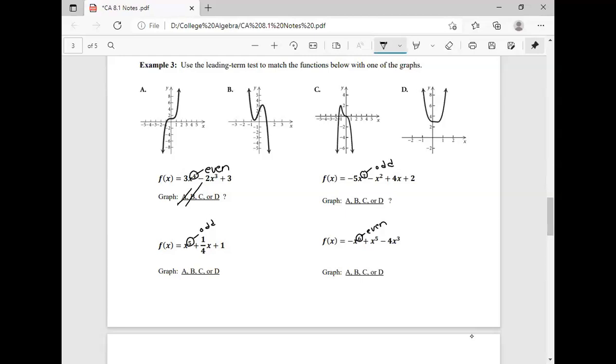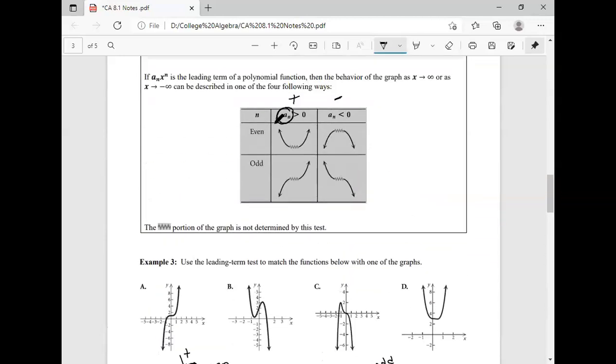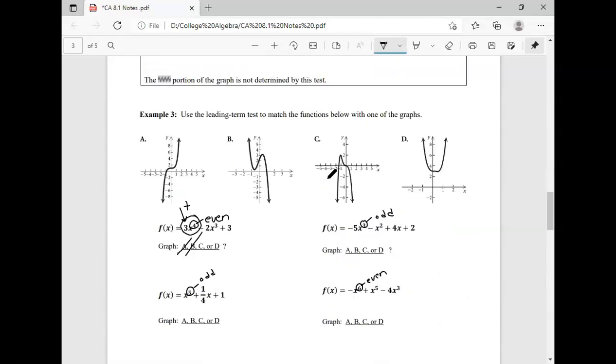Then I want to look at the leading term and really focus on what the coefficient is. And it's a 3. Is 3 positive or negative? It is definitely positive. So if you go look at your things that are positive and even, both of the tails should be facing up. So I know it has to be D, because that's the only one that has both of the tails facing up.